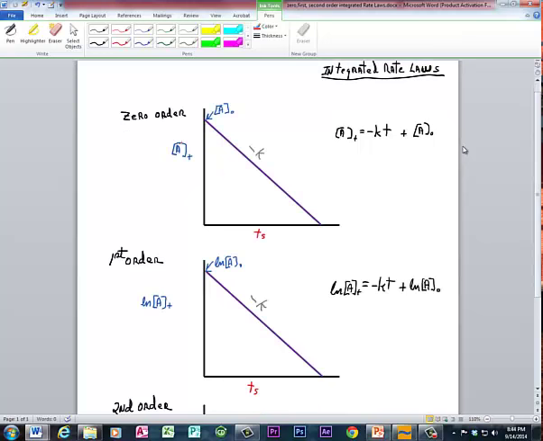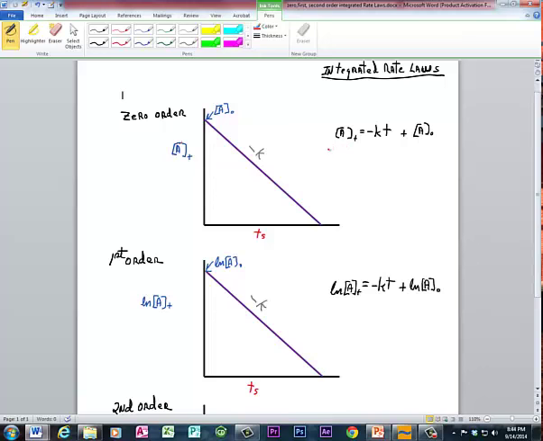And yes, there is. For a zero order reaction, we simply plot the concentration of A at time t versus time, and we will get a straight line with a negative slope, and that slope will equal the negative k with the y-intercept. So what does it mean for a reaction to be zero order in a reactant?